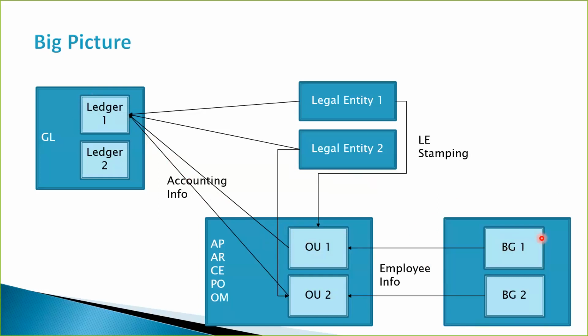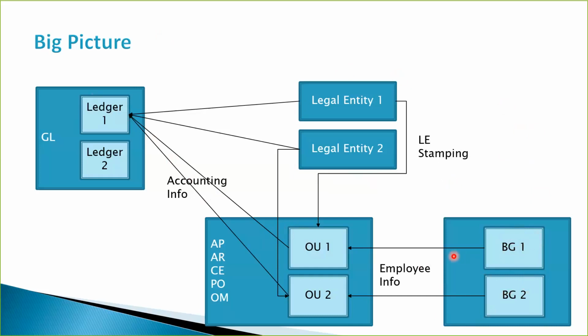This is also assigned through responsibilities, just like all the others. So if a responsibility is assigned this business group, then when you log into it, you won't be able to see the employees in business group 2. So this is how all these features are associated.